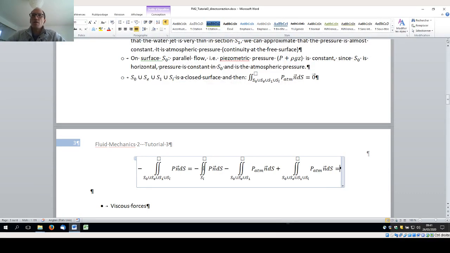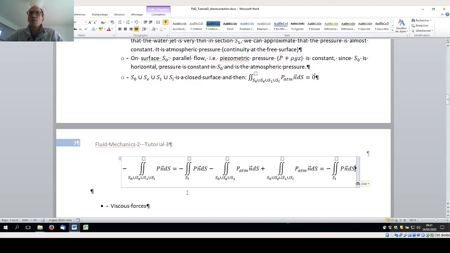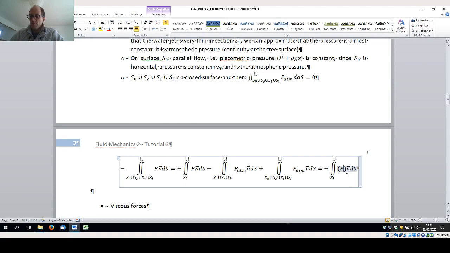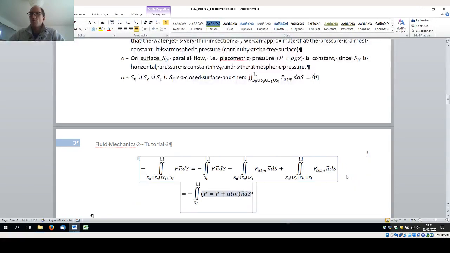and as a reminder, what is remaining is only what's happening on the solid surface with a relative pressure.